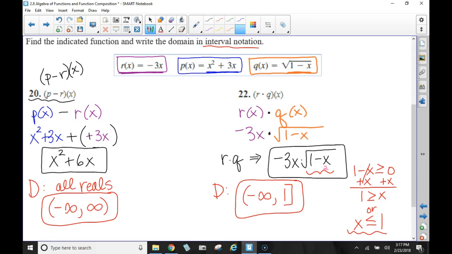But if those x values stay less than 1, such as negative 2, what we get underneath the radical is square root of 1 minus a negative 2, which is 1 plus 2, or 3. That's good. That's a good little real number. Okay? So that's why we need to make sure that our radicand stays positive or 0 for these even-indexed radicals. Remember that?